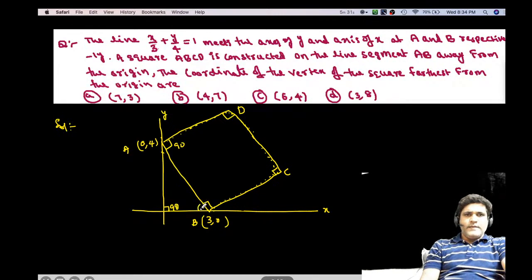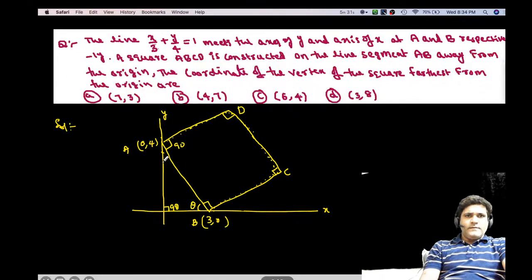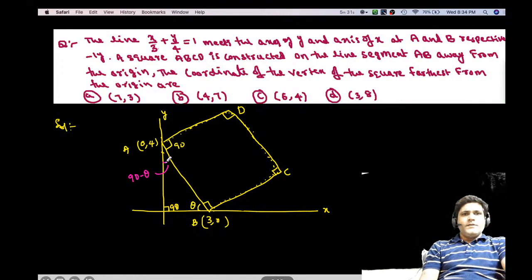And let this angle be theta. If this angle is theta, then what would be this angle? This is 90 plus theta, this is 90 minus theta. Now this is 90 minus theta and this one is 90.